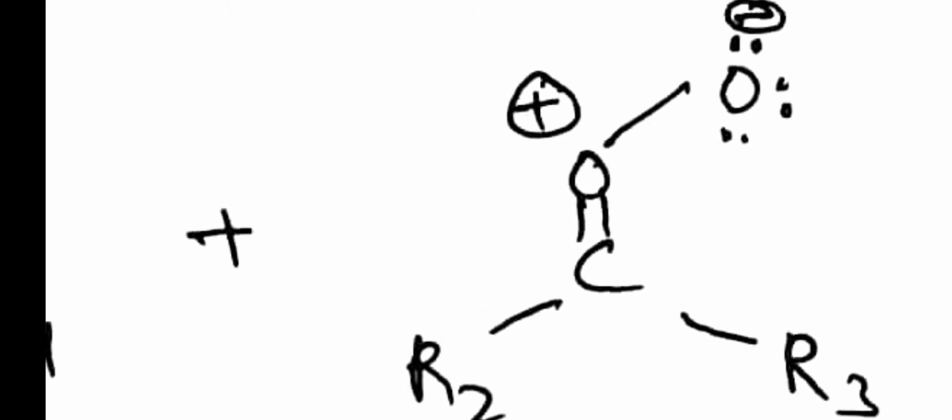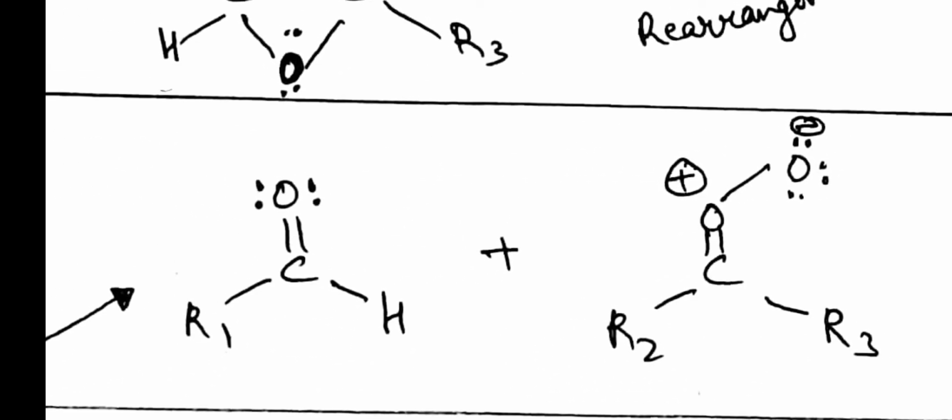As you can clearly see, the oxygen directly attached to the C2 atom will acquire a positive charge, and the other oxygen atom will acquire a negative charge, because the electrons were transferred to it. Now you get these two species.